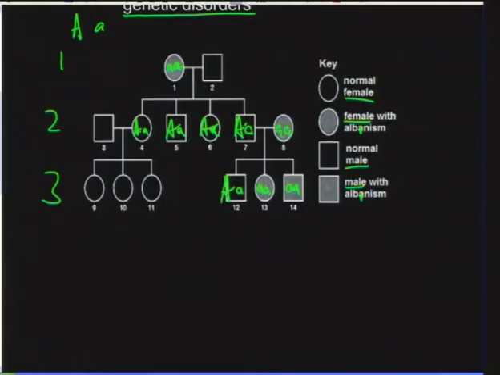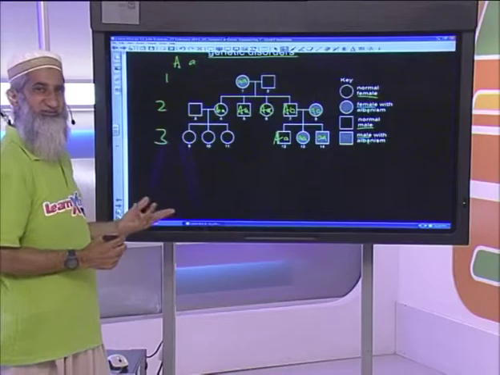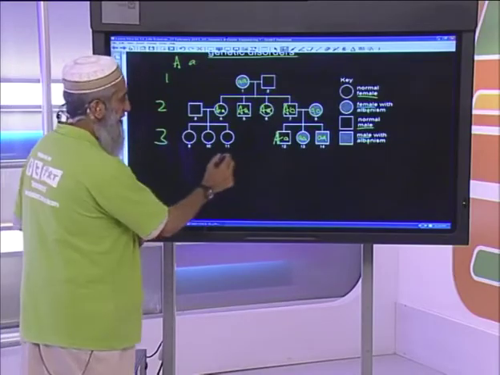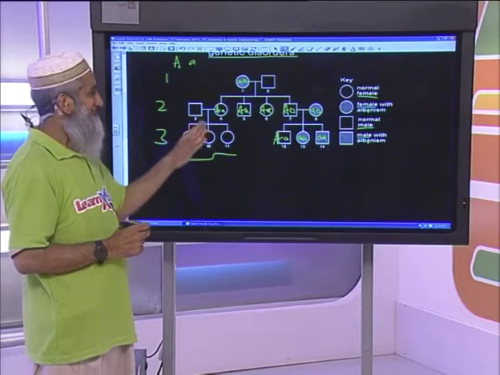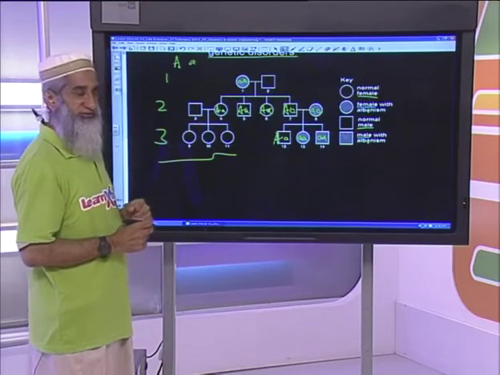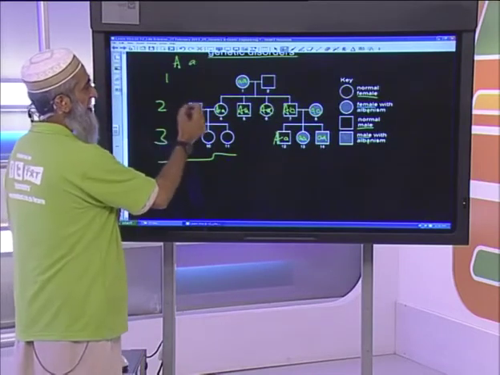Now this is where you get a little confusion or trickiness, but it's not a train smash. All of these offspring are showing the normal condition. And individual 4 is heterozygous for the condition. Now, what about this parent?